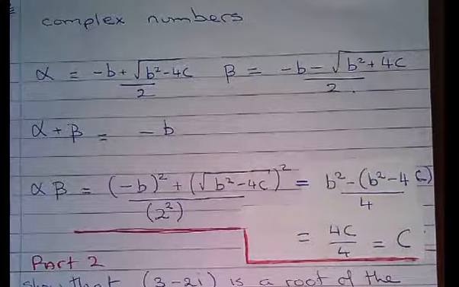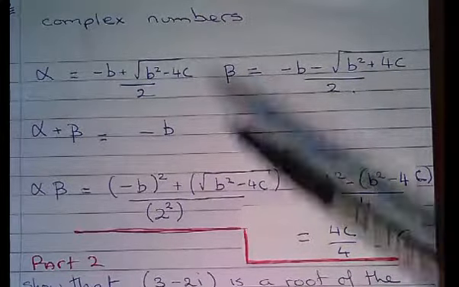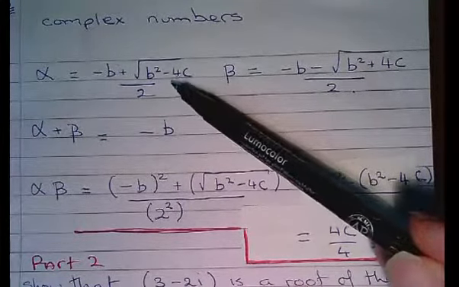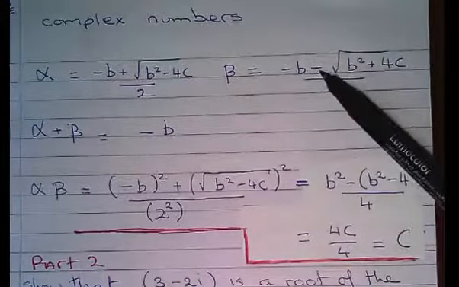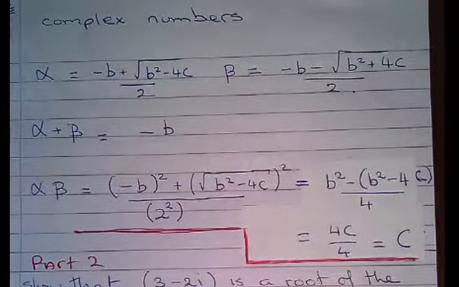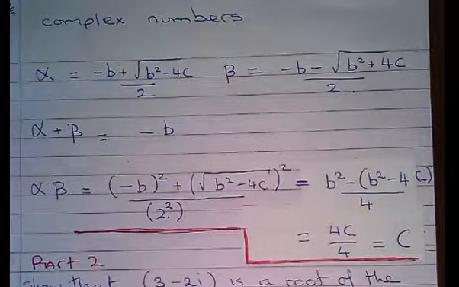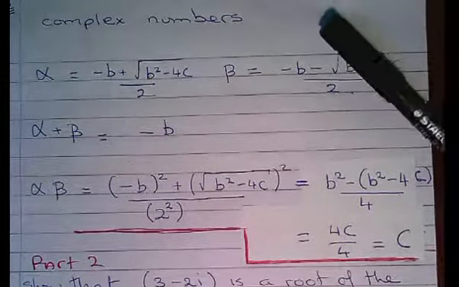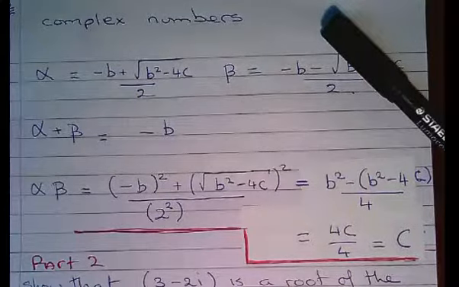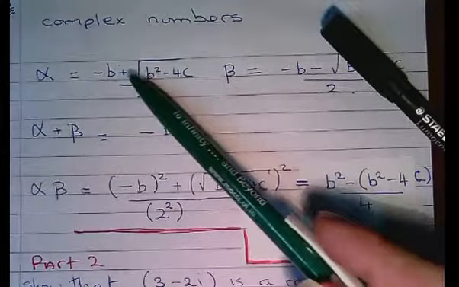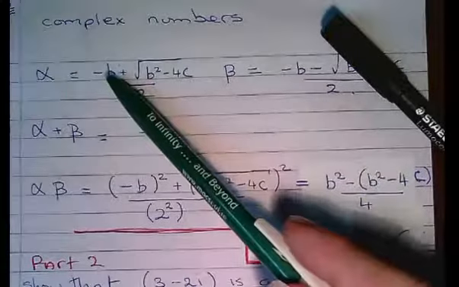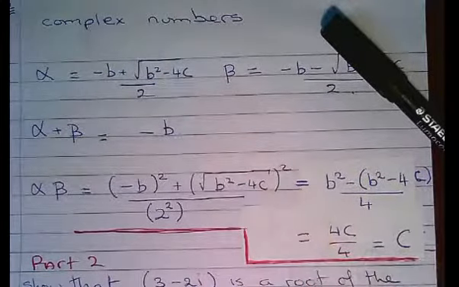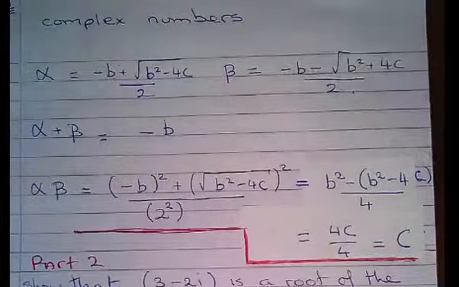When I add them together, the square root terms just cancel out, plus here, minus here. What we are left with is minus b over 2 plus minus b over 2, and adding them together we get minus b.